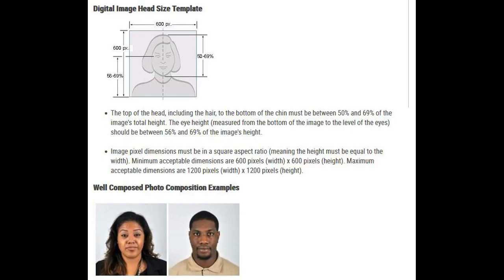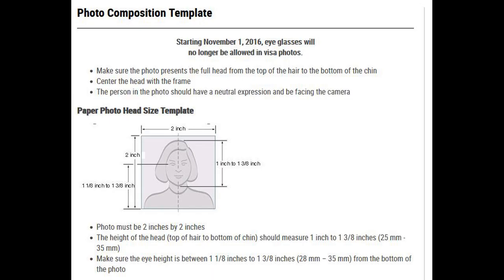Here you see the paper photo head size template. As we have said, a 2x2 inch photo, the height of the head 1 to 1 3/8 inch, which is 25 mm to 35 mm.